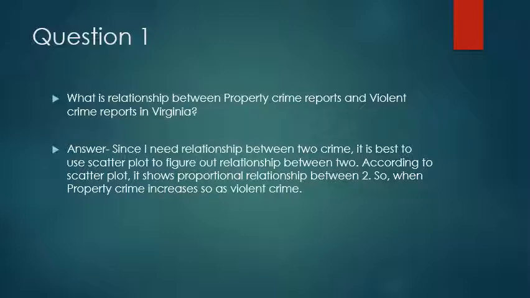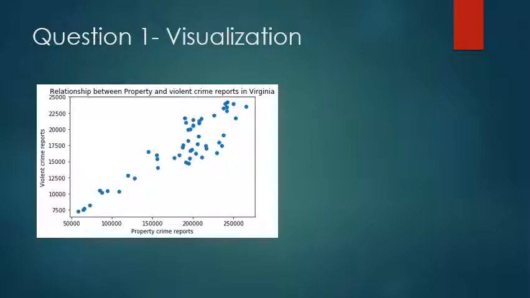So question one is, what is the relationship between property crime report and the violent crime report in Virginia? And my answer is, since I need a relationship between two crimes, it is best to use a scatter plot to figure out the relationship between the two.